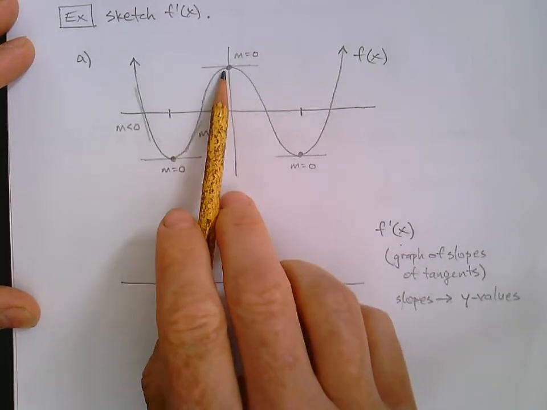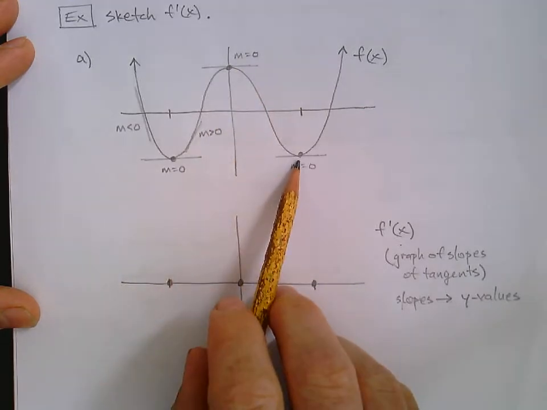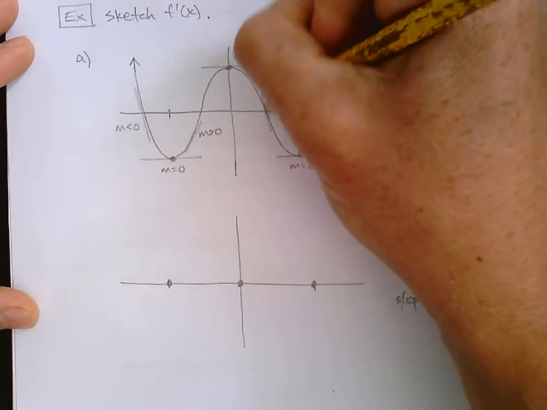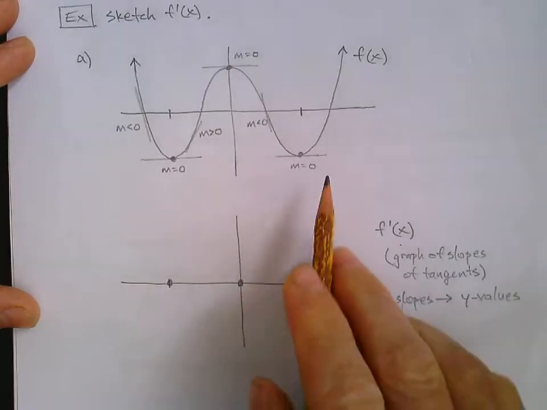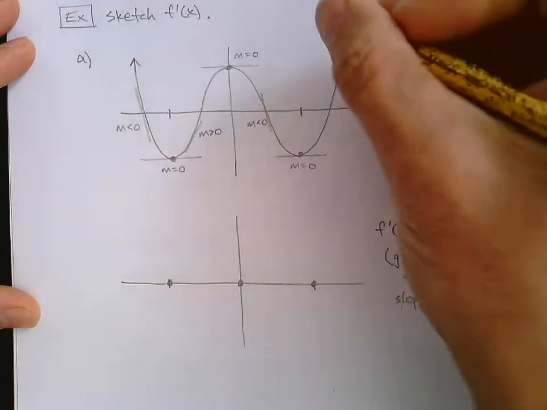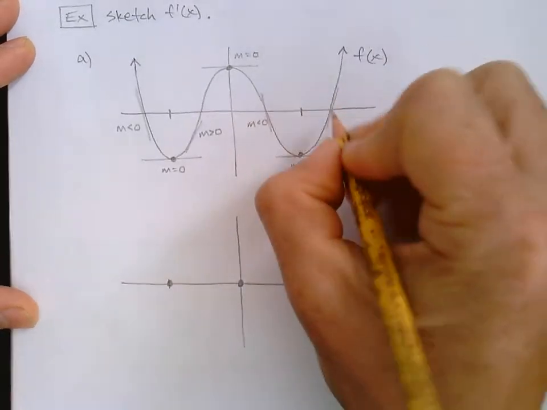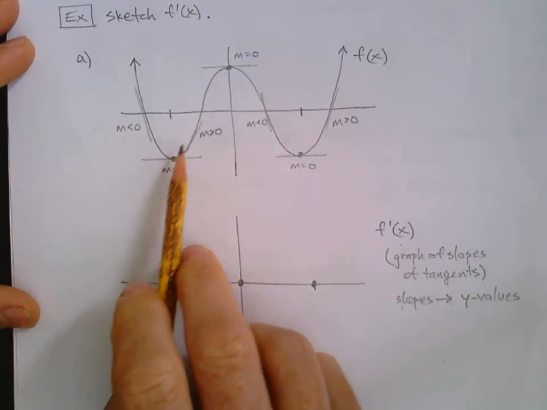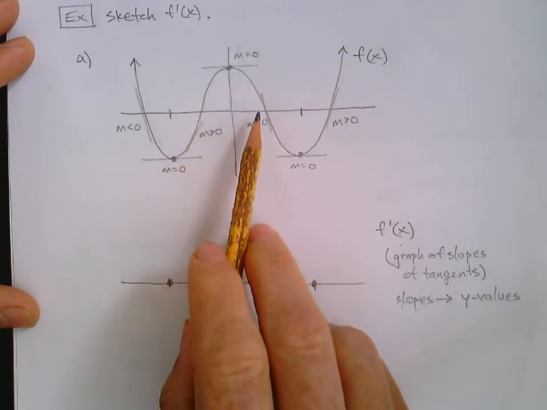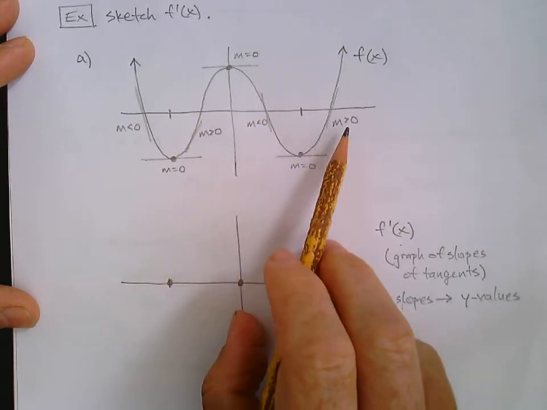Over here, it's decreasing again, so all of these slopes are back to negative, less than 0. Then we hit 0, and then the slopes turn back to positive. So we've got negative, 0, positive, 0, negative, 0, positive.